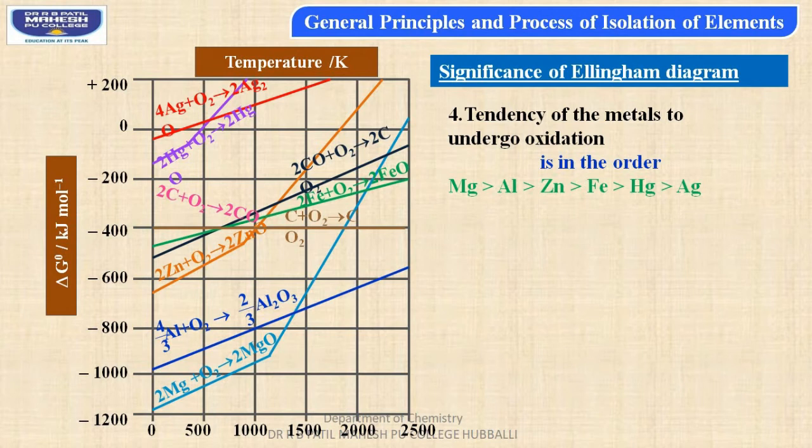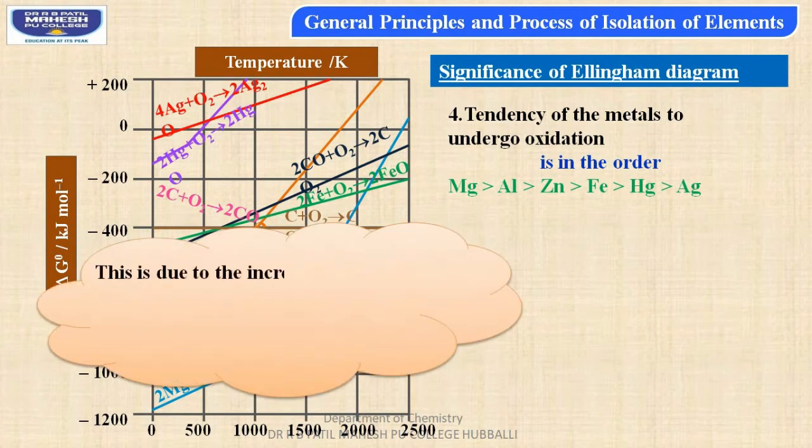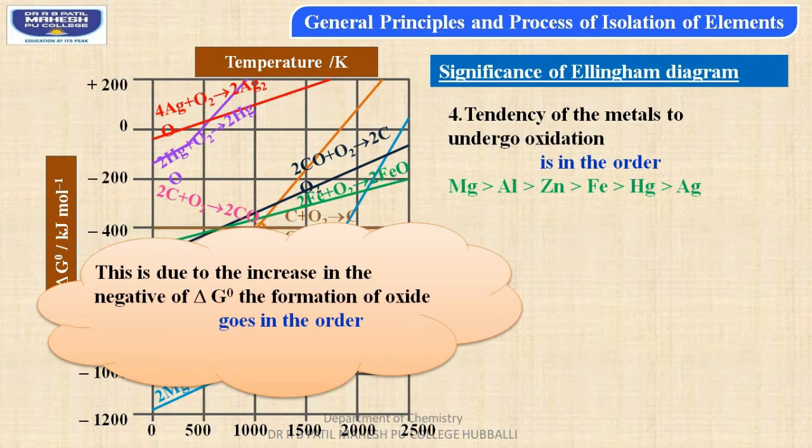This order is given because of the increase in the negative value of ΔG° for the formation of metallic oxides, which goes in the order: magnesium oxide with the highest value, followed by aluminium oxide, next zinc oxide, ferrous oxide and lastly silver oxide.